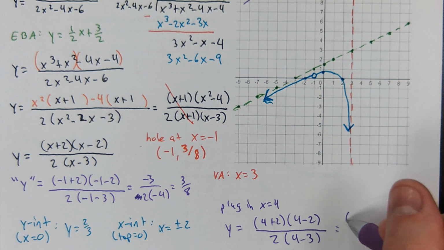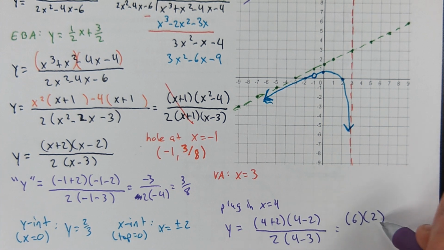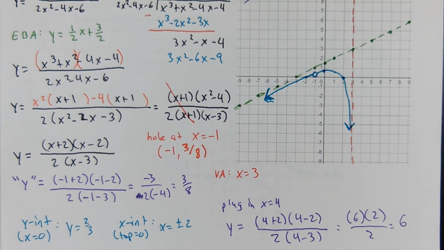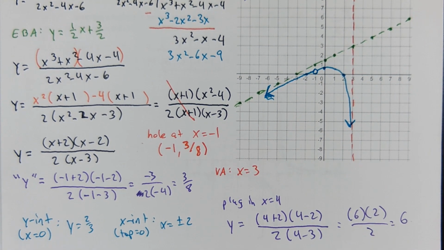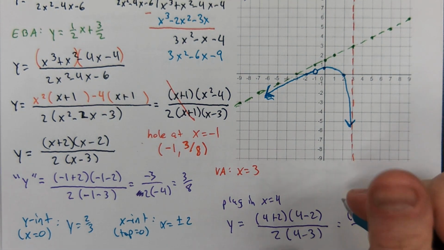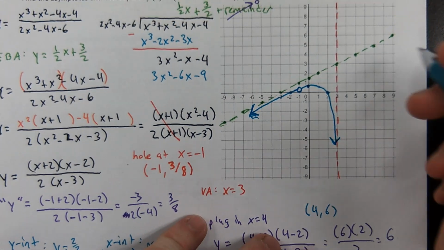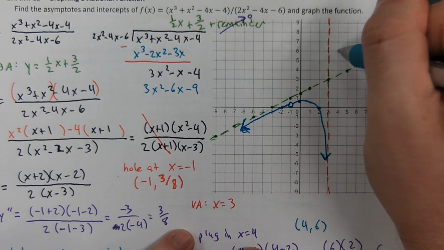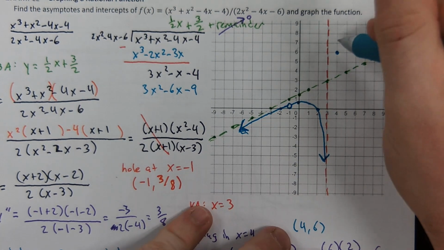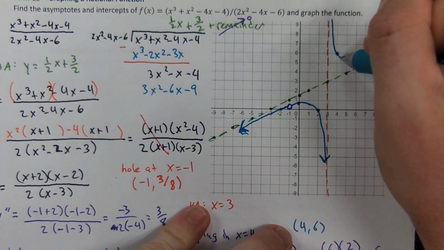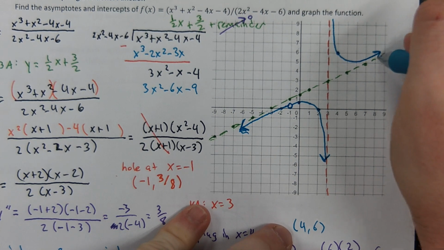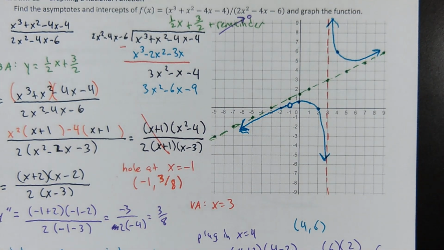So I've got 6 times 2 over 2, which is 6, because the 2's just cancel. 4 minus 3 is 1, so I don't have to worry about it. So I have a coordinate at 4, 6. That is way up here. Get close to the 2 lines. And that is it.